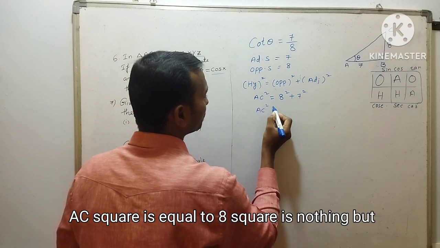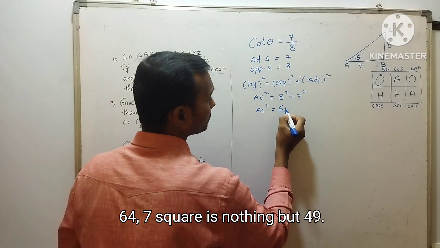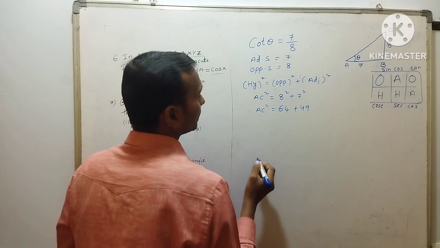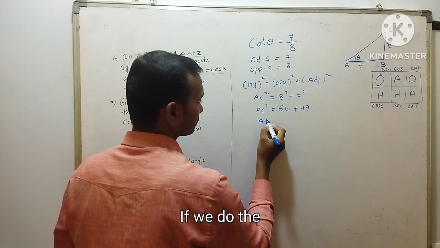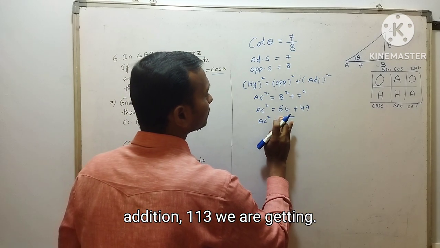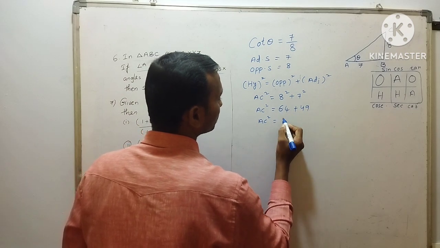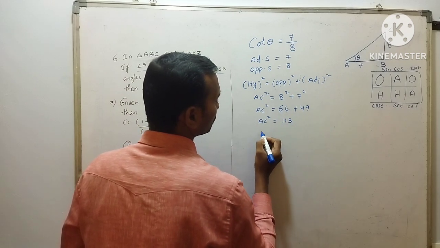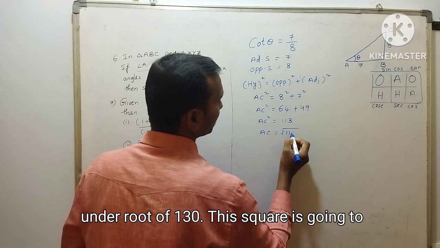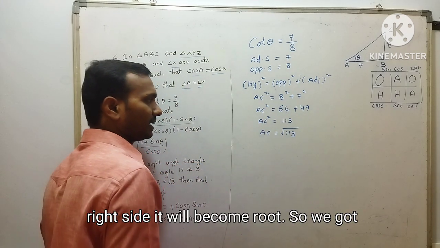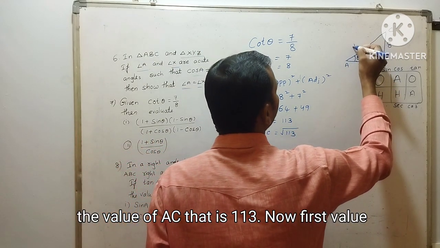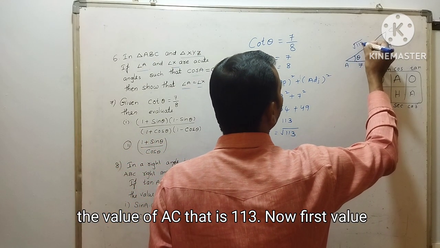AC square is equal to 8 square, which is 64, plus 7 square, which is 49. If you do the addition, 113 we are getting. So AC is nothing but under root of 113. This square is going to right side, it will become root. So we got the value of AC, that is root 113.